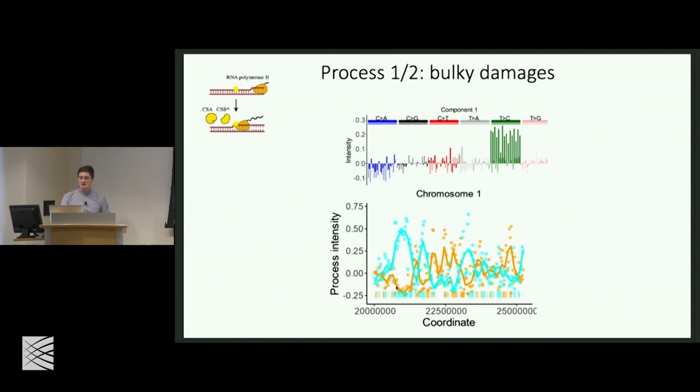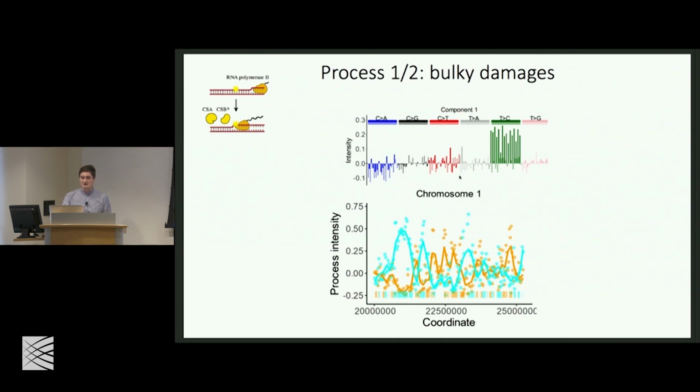We see that the two components go in different directions, and they match gene directions. Here is a track of genes colored by their orientations with respect to the reference strand, and different components peak at genes of a particular direction. So the asymmetry of these two components reflects the direction of a gene, and the overall intensity of these components turns out to be similar to replication timing.